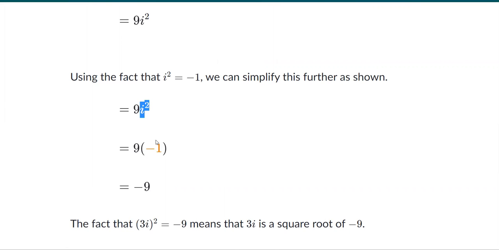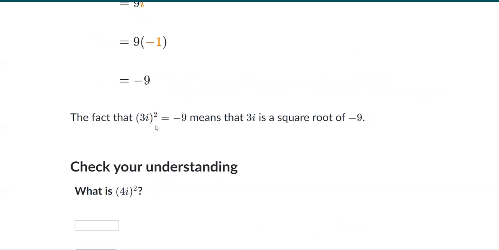And I just want to take a moment here and point out this substitution because it is a very important one. You are going to be doing this many, many times. So take a note and write i squared is equal to -1, and always look for places to make that substitution when you're working with these imaginary numbers.